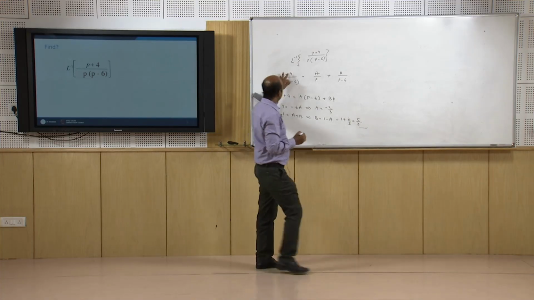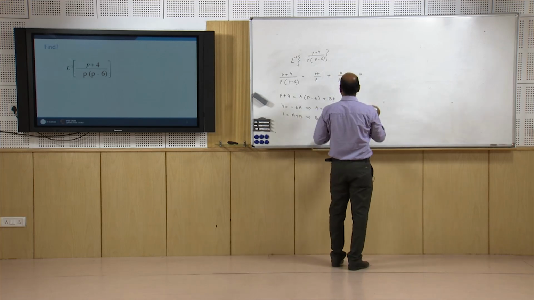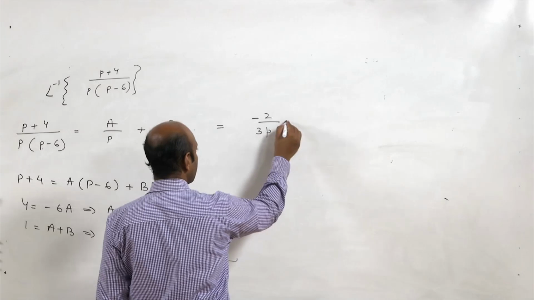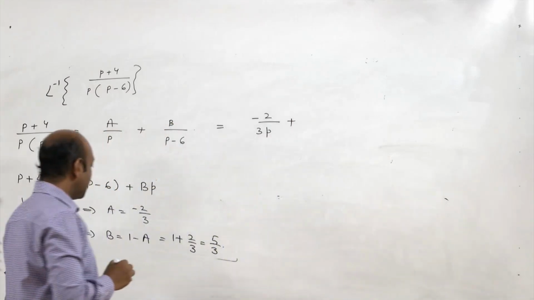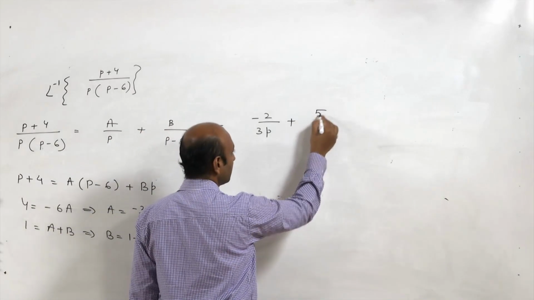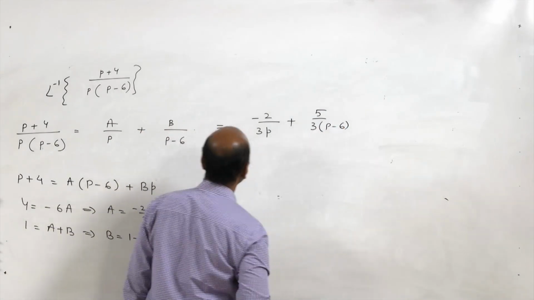So this ratio is nothing but A is minus 2 by 3 times 1 upon p plus B is 5 by 3 times 1 upon (p minus 6).